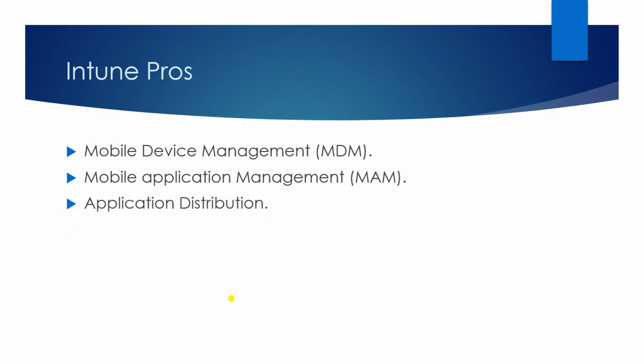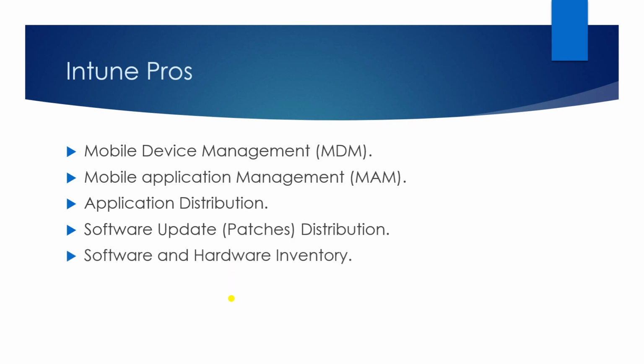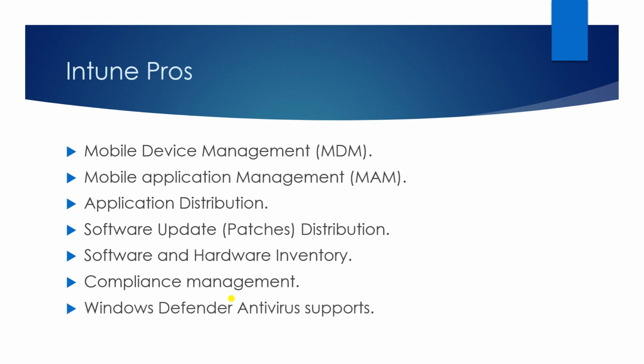Now let's see application distribution. We can do application distribution in Intune. We can deploy software updates or patches through Intune, and we can do software and hardware inventory. We can manage the compliance part. We can manage Windows Defender antivirus. So Intune can support Windows Defender antivirus, and the reporting.